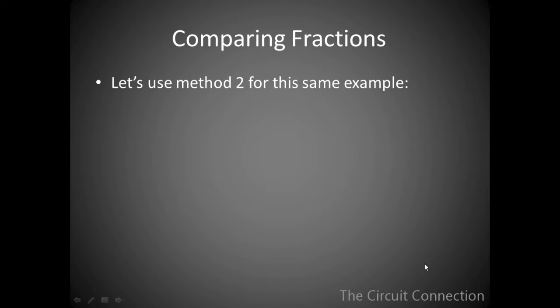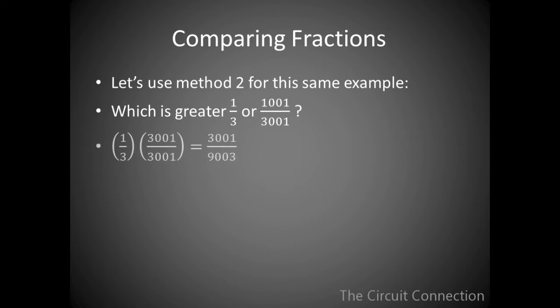Now let's use method 2 for this same example. Which is greater, 1 over 3 or 1001 over 3001? By converting 1 over 3 to have a denominator of 9,003, that gives us 3001 over 9,003.